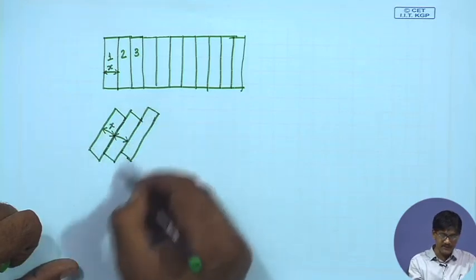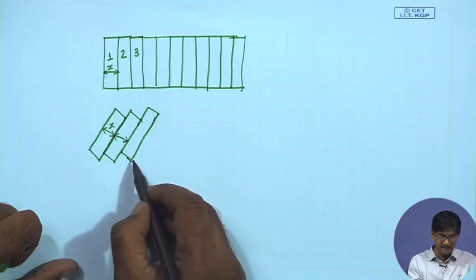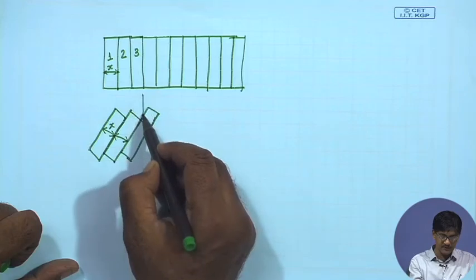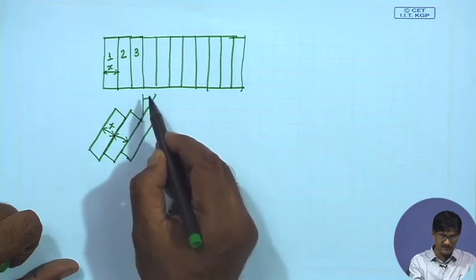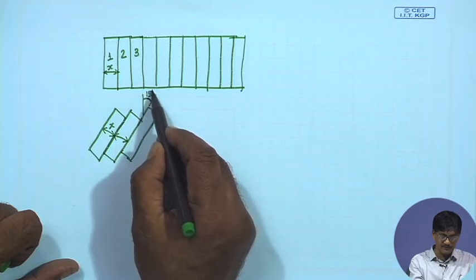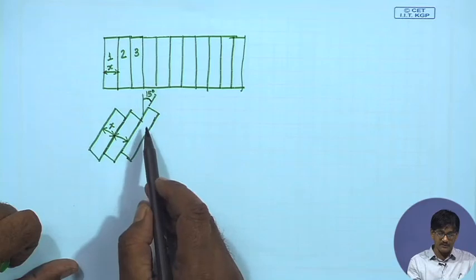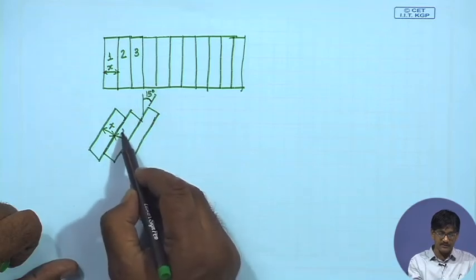What is the angle at which it has been disturbed? Say this angle, once again if you remember, is the angle which is referred to in case of gears, 15 degrees. So, the angle by which it has been inclined is 15 degrees and x remains the same.